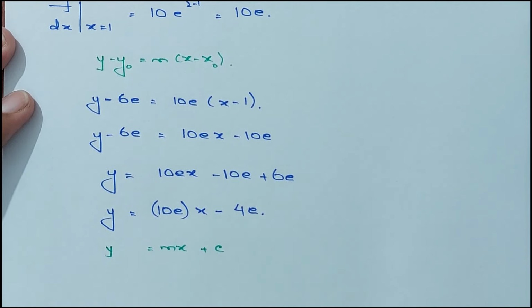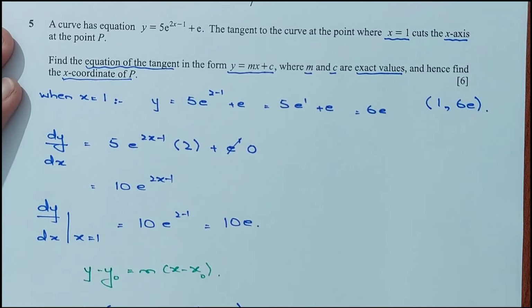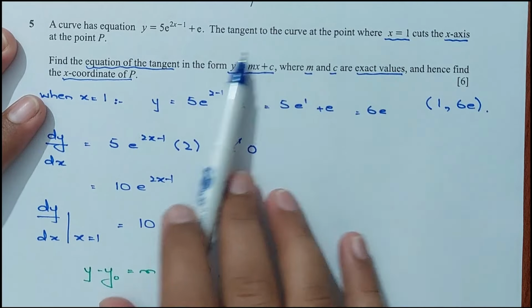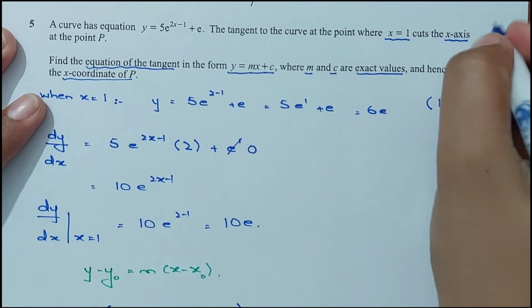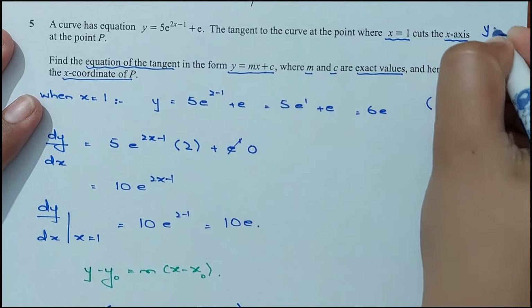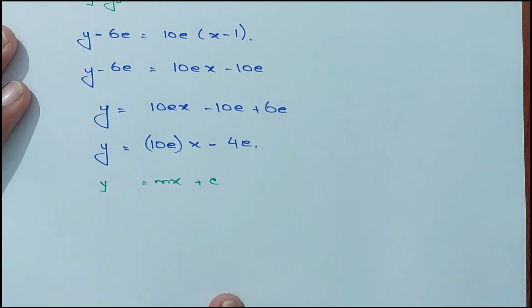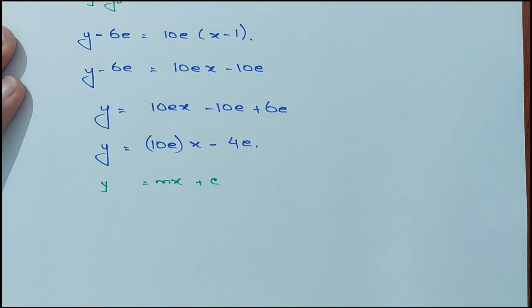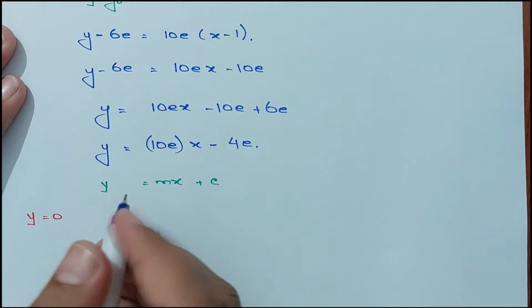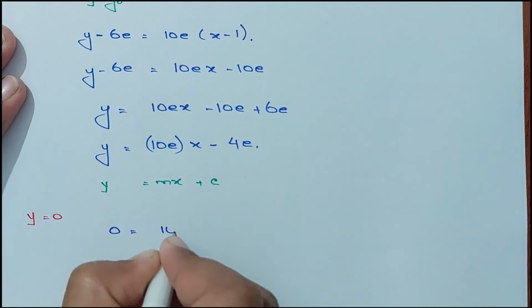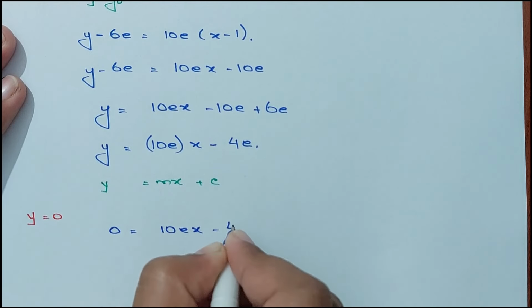Okay, now we have to find the x coordinate of P. We are given that the tangent cuts the x-axis at point P. So when it cuts the x-axis, it means y equals 0, and we have to find the x component. So 0 equals 10ex minus 4e.